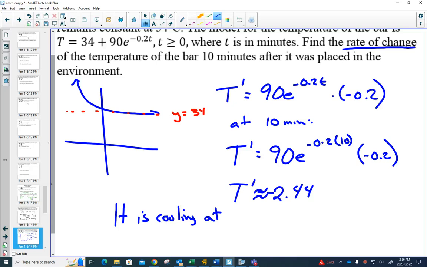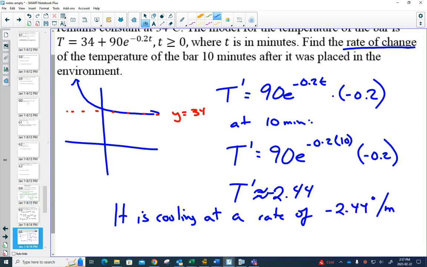Because if temperature's going down, it's cooling. So it's cooling at a rate of, now here, some people would say, since I used the word cooling, I could put a positive number here. Some people like to include the negative number. I think it'd be fine.